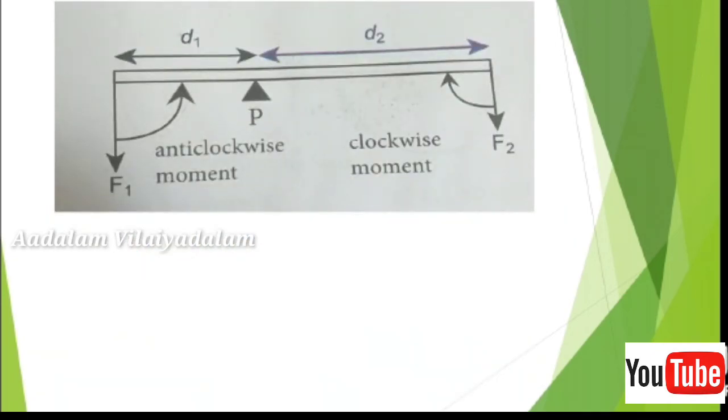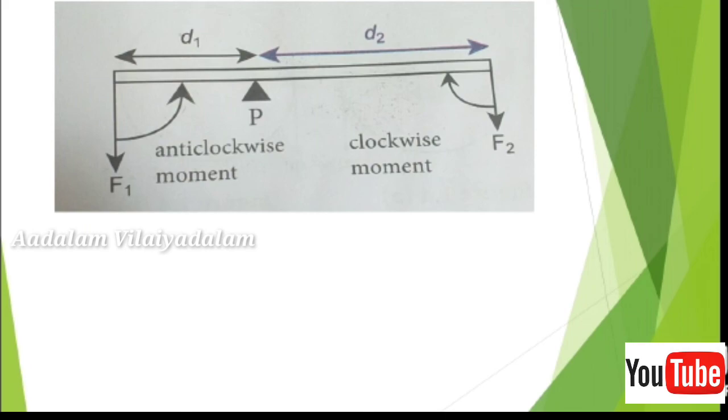In the seesaw diagram, the force F1 acts in the anti-clockwise direction, and here P is the fulcrum. The distance from the fulcrum to the edge is d1.